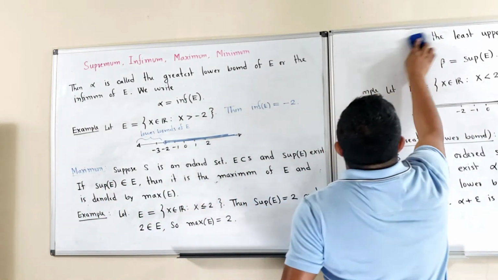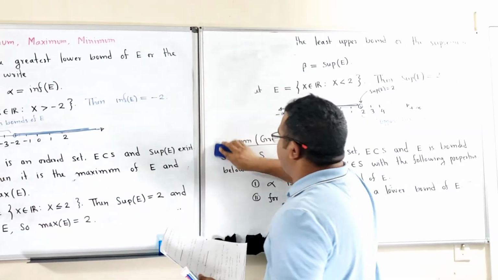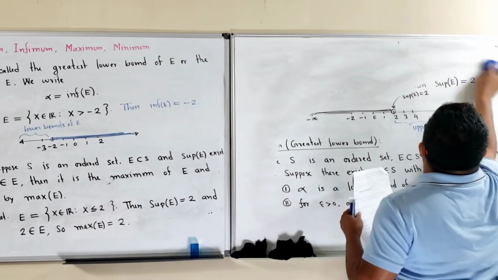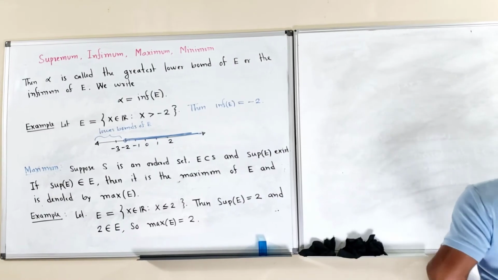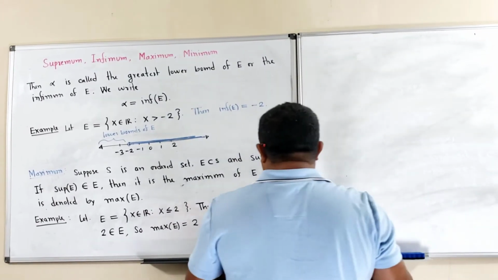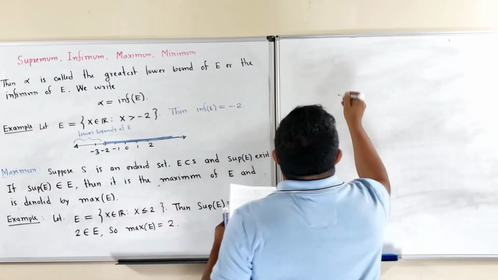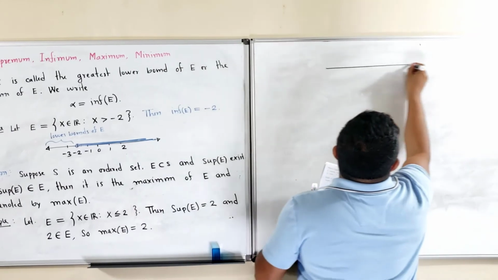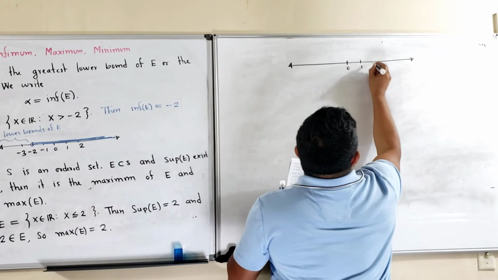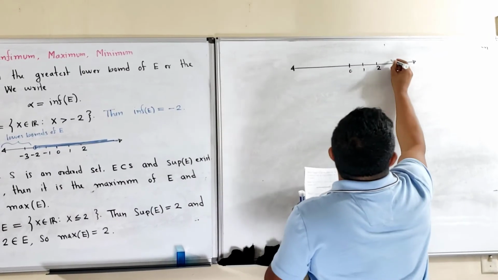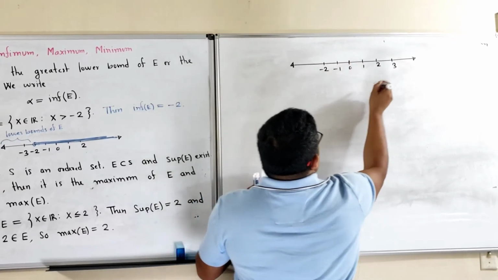Now we'll give more examples about the supremum, infimum, maximum, minimum. How about the minimum now? If we draw this number line: 0, 1, 2, 3, -1, -2.